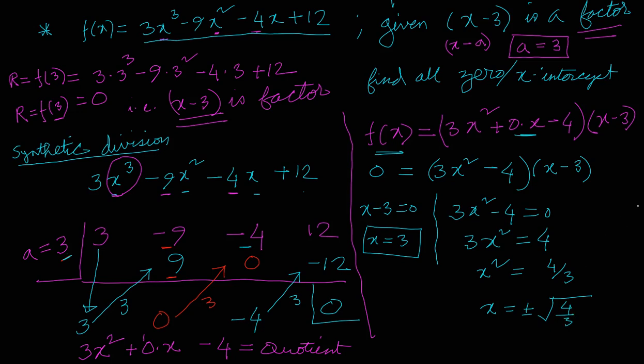So what are all my x-intercepts? x equals 3, the positive square root of 4 over 3, and the negative square root of 4 over 3. These are all my real zeros or x-intercepts.